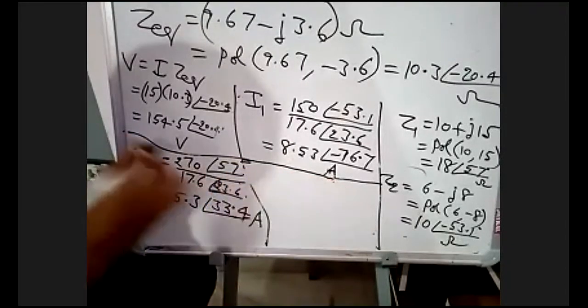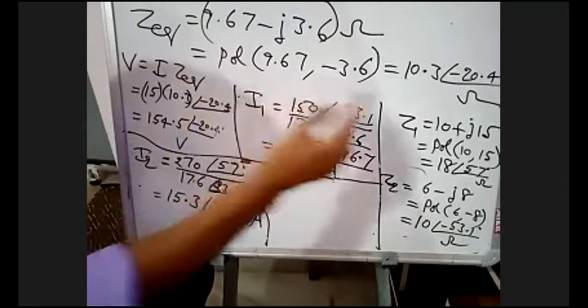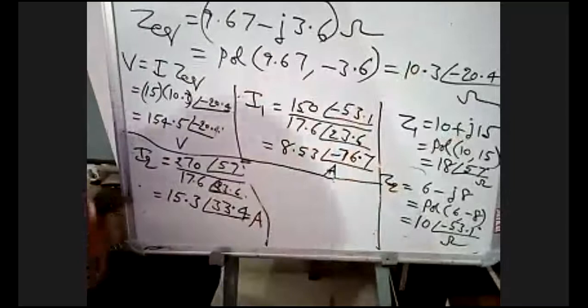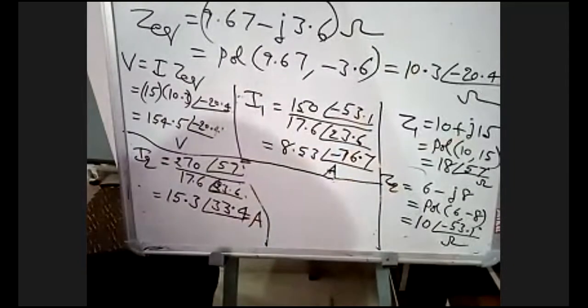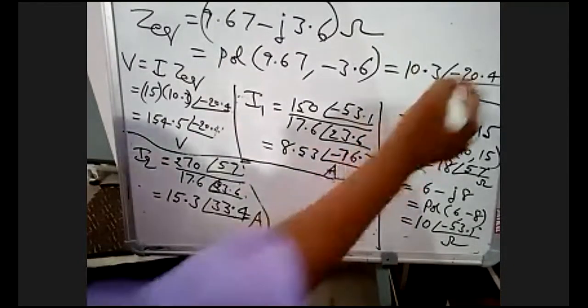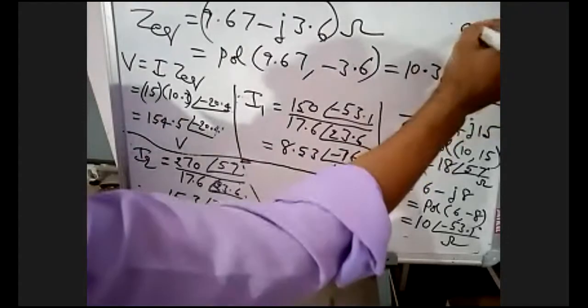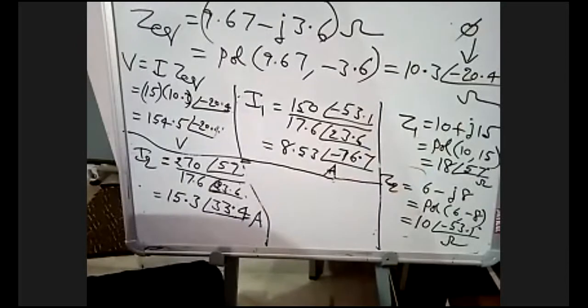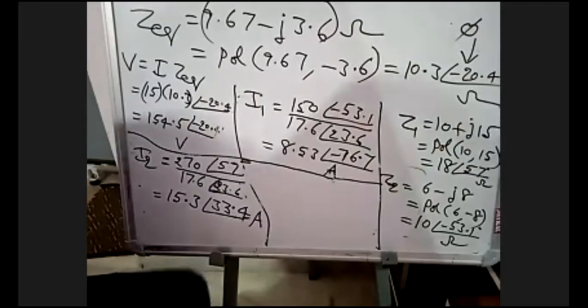What is the Z equivalent? We got this one. Listen here, Z equivalent. So what is this angle? The angle is phi.